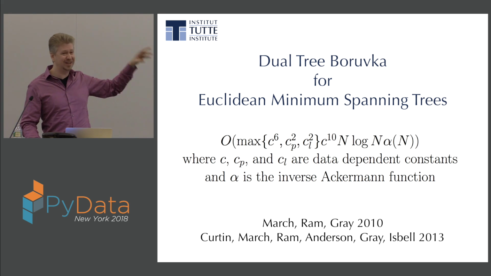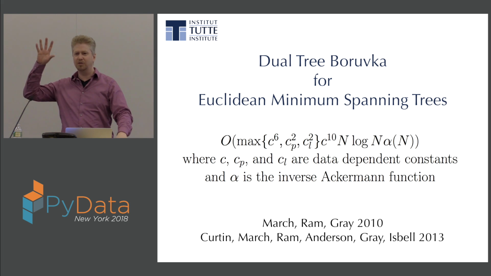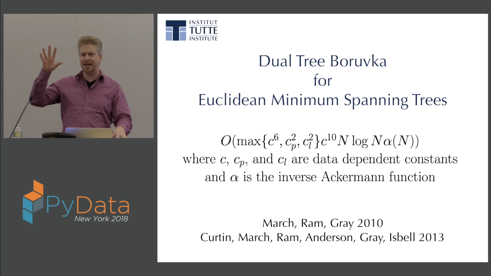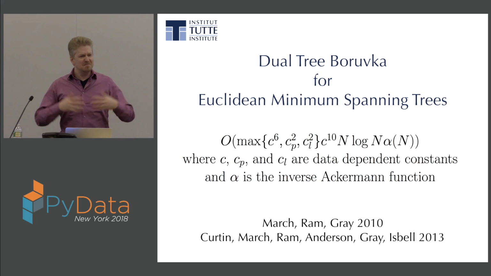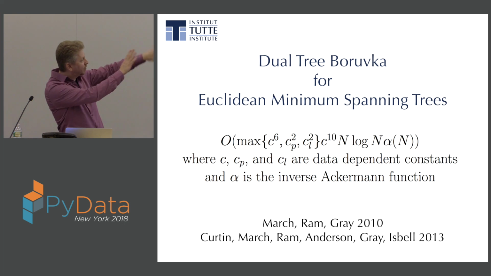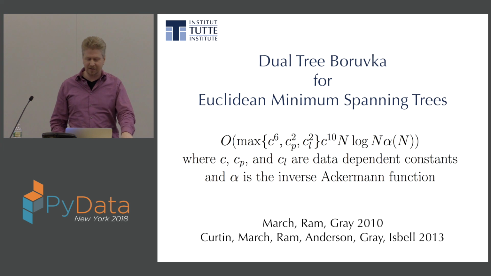The alpha is the inverse Ackermann function, which takes on values between about 3 and 4 for any values of n ranging from 60 to 10 to the 80. So if you're clustering all of the data in the universe, it's maybe 4. Otherwise, it's a small constant, and you're okay. Make those vanish, and you're looking at an algorithm which is essentially n log n instead of n squared.